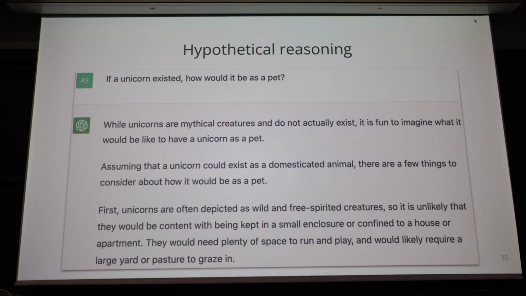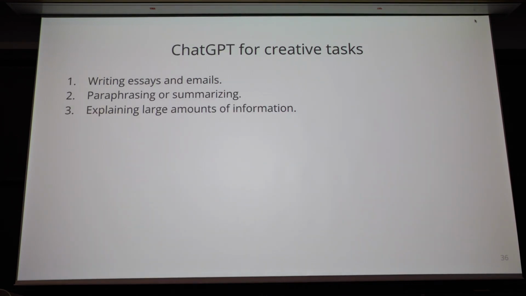So we've created a hypothetical situation for ChatGPT because unicorns don't in fact exist, but that's the new reality, and you need to reason on top of that. It's like, okay, I'm going to assume that unicorns exist and go on. So cool, that is reasoning.